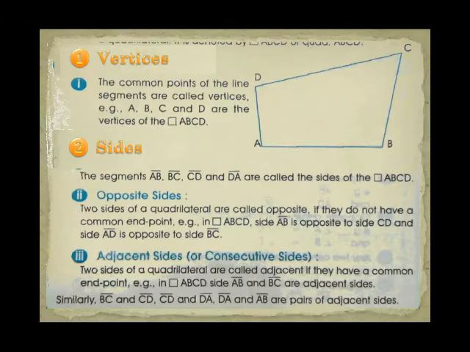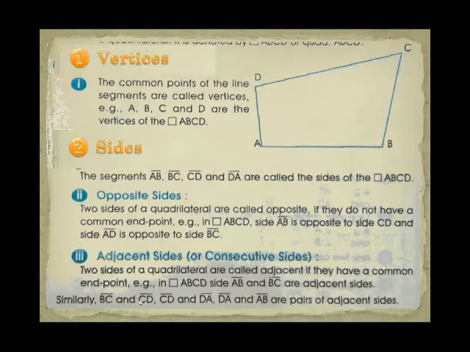For example, in a quadrilateral ABCD, the side AB and the side BC are adjacent sides. Why are they adjacent? Because the sides AB and BC have a common endpoint, which is the point B. Similarly, line BC and line CD are adjacent sides. As you see, students, line BC and line CD have C as the common point between them, so we say that they are adjacent sides.